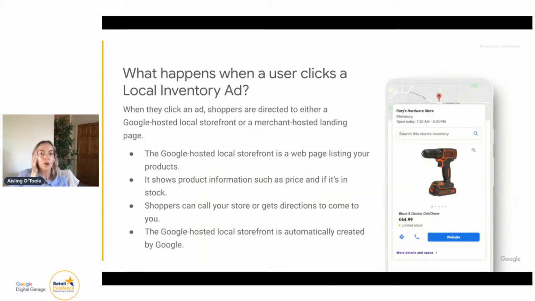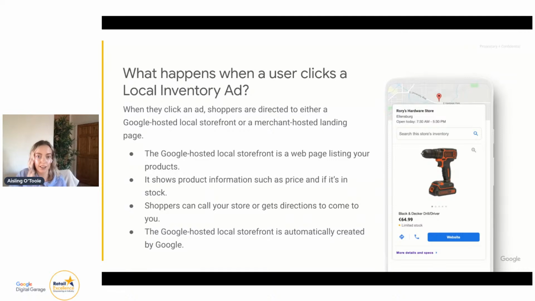And what happens when a shopper clicks a local inventory ad? I know I touched on this a bit in the example, but I just wanted to go over it in a little more detail. When they click one of these ads, shoppers are directed either to a Google-hosted local storefront or a merchant-hosted landing page.